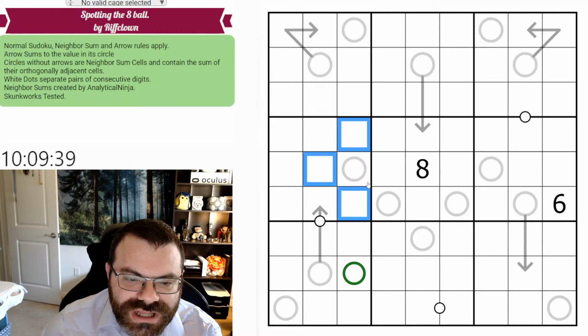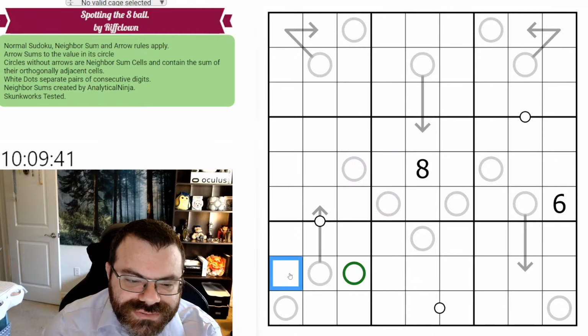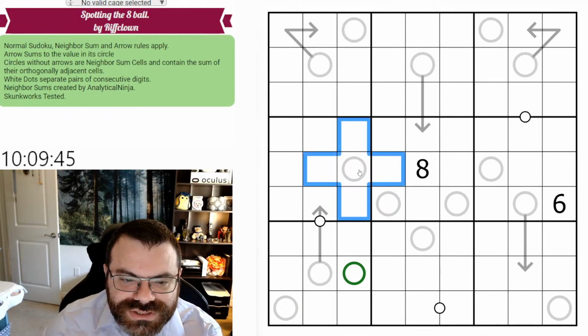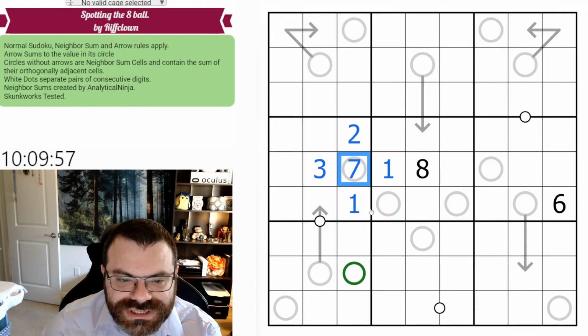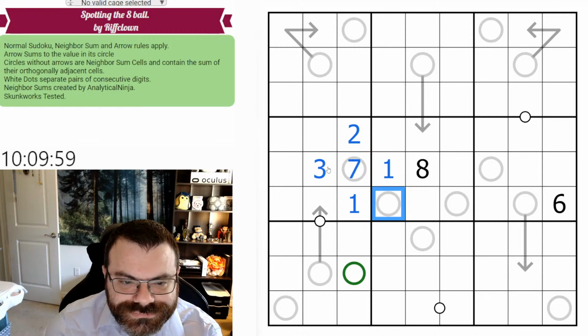So there's going to be up to 4. Like if you're in the corner, you only have 2 of them. But you have up to 4. And you sum these 4, and that value is then filled in the circle. So I could do, say, 1, 1, 2, 3, and that sums to 7. So that's how that would work.